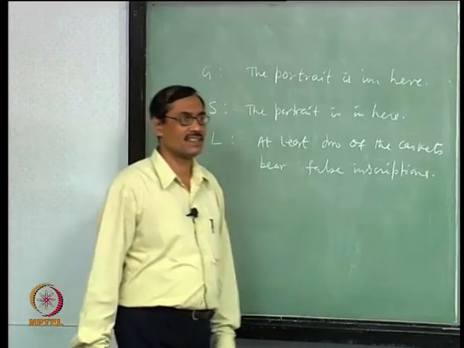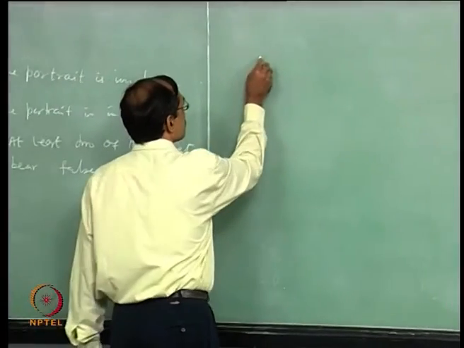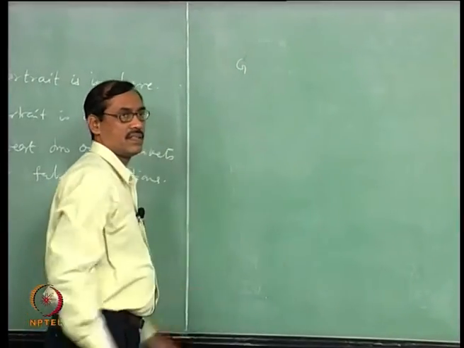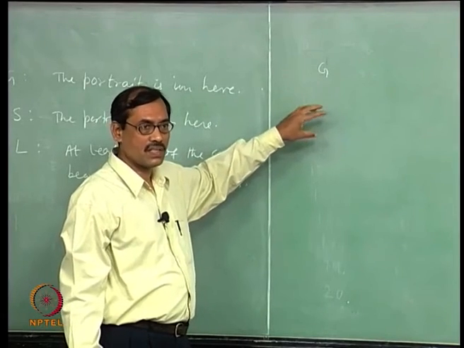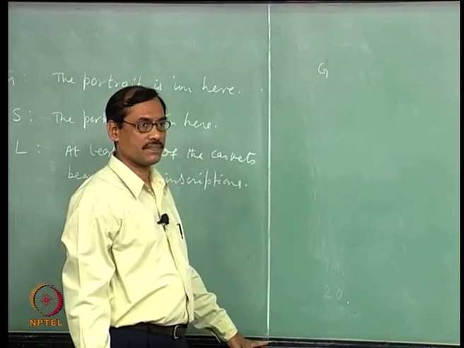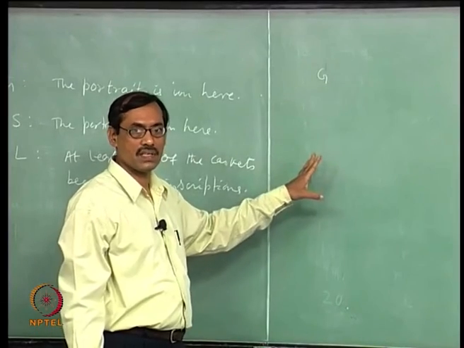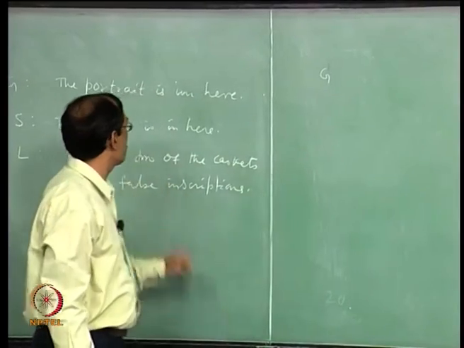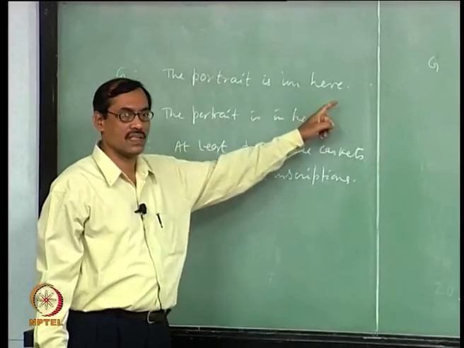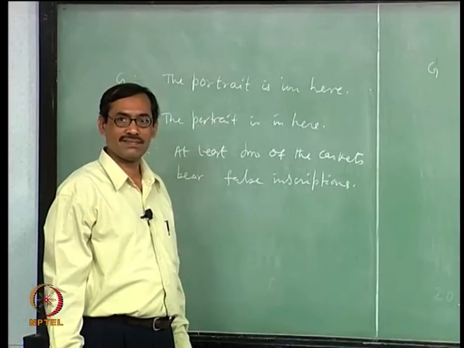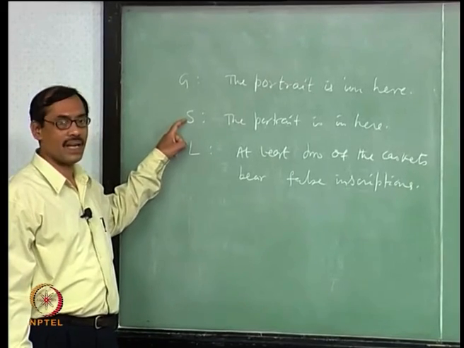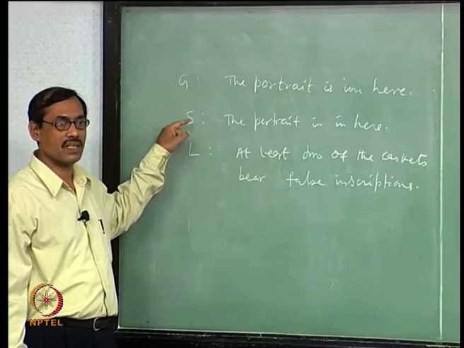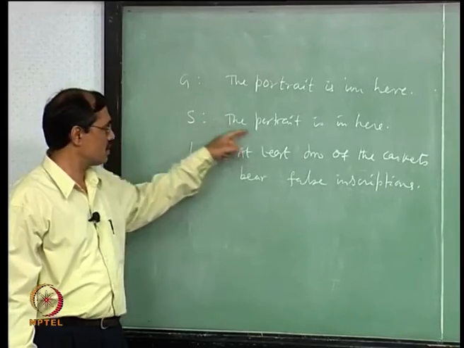Okay, let us try this one. Suppose I write capital G for the inscription that is written on the gold casket. That means G will be the sentence itself, as it is written. Then in the same way I write capital S for the inscription written on the silver casket.